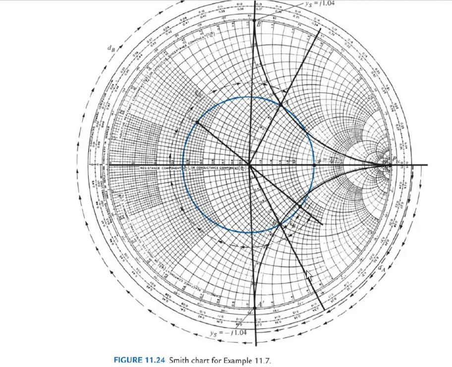The value should be normalized, so to find the actual value, you should multiply it with Y0 or 1 by Z0.